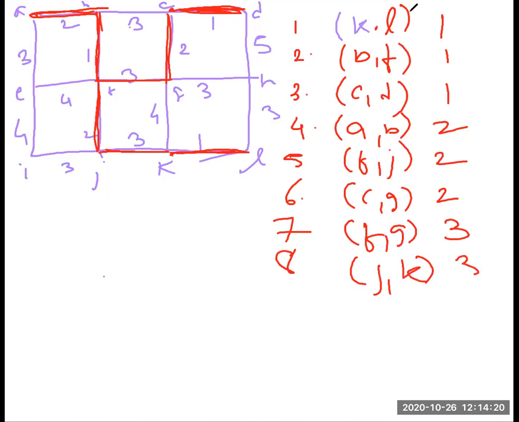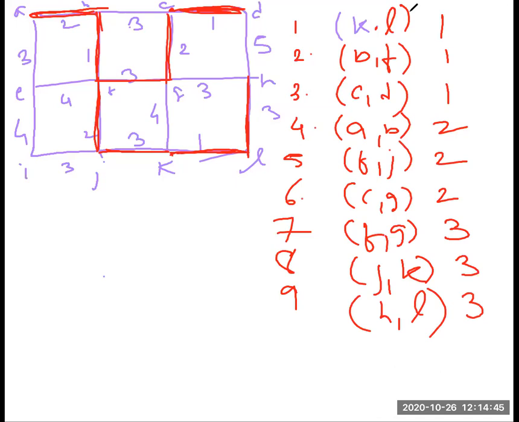I'll add 3. Now I can select G to H or H to L, but not both, because it will form a circuit. So I can select any one of these. Let's say I select H to L, which is of weight 3.